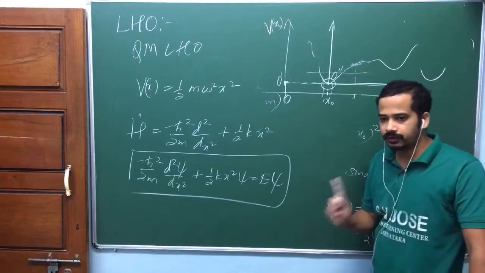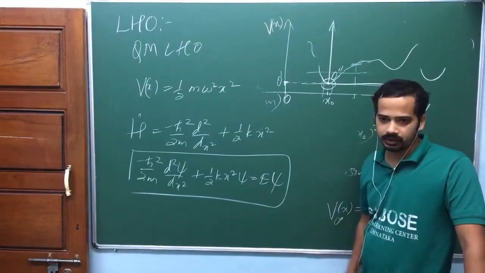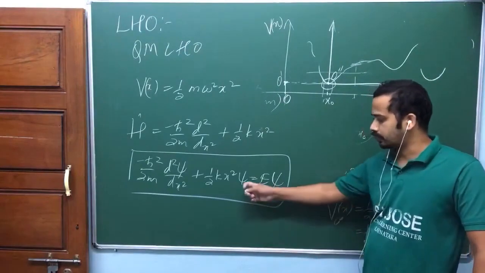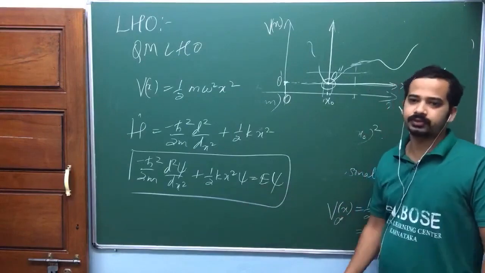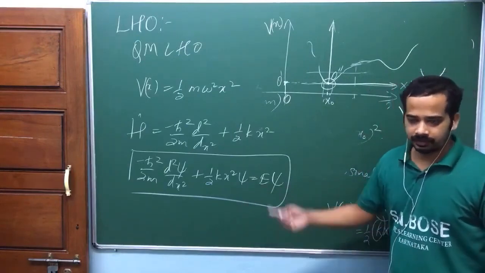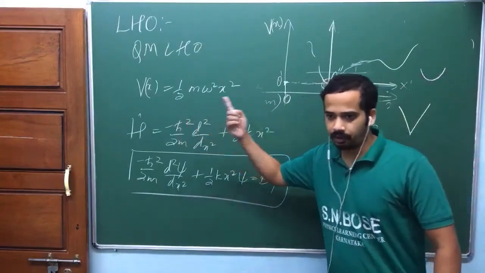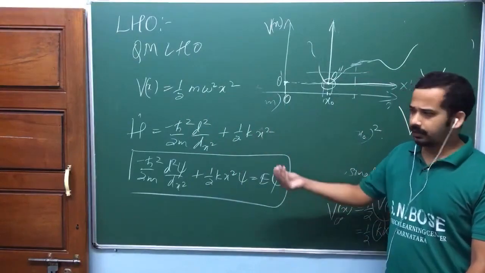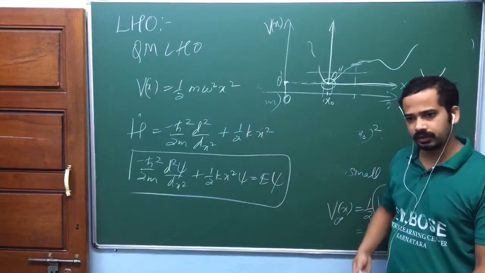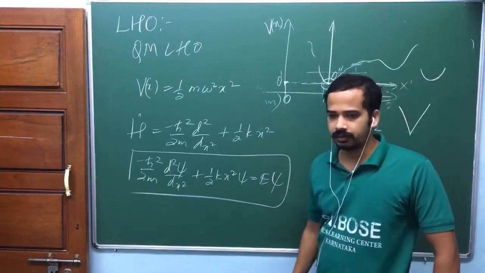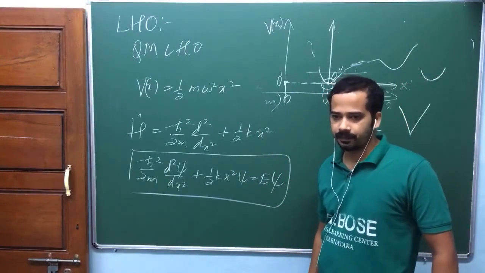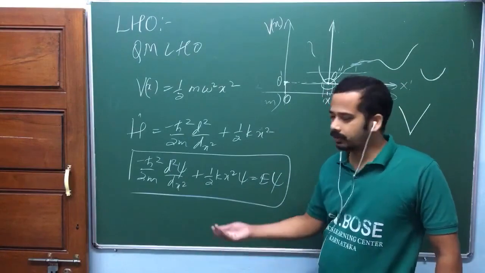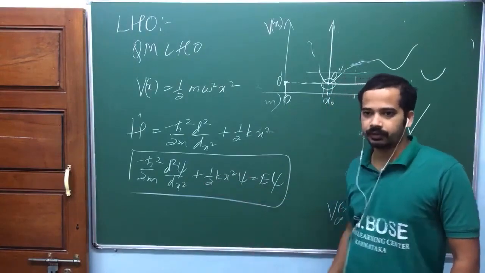If you choose a different origin, energy will not change. Energy is a very physical quantity. Wave function obviously should change, isn't it? As we have seen from the asymmetric box to the symmetric box. That's why if we discuss symmetric potential, the rest will take care of itself. If you shift the origin, you change the wave function. That's it. Okay?